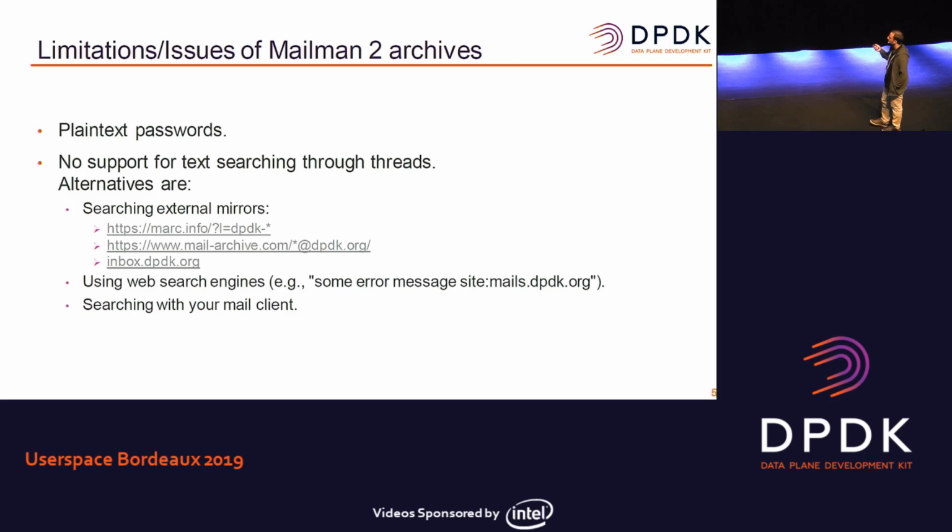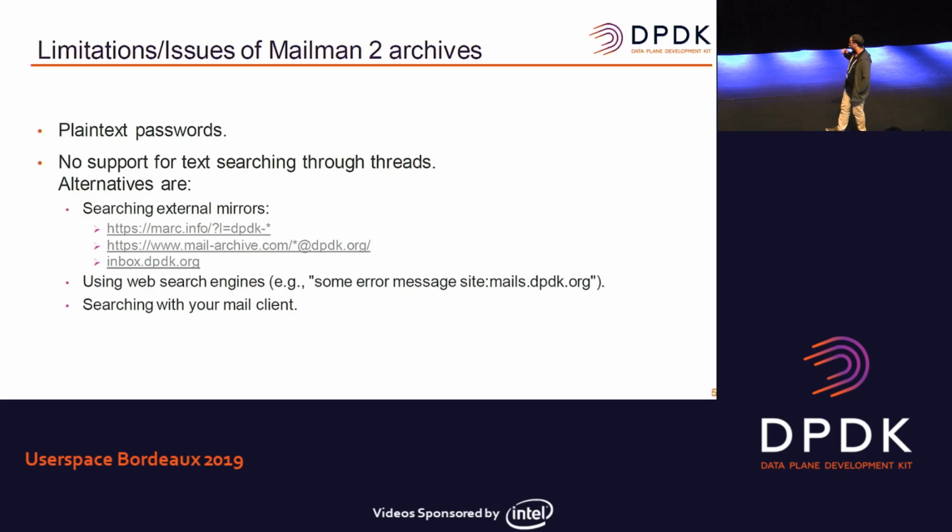I know that marc.info has mirrors for some of our archives. Mail-archive.com also has some of them, but not all of our archives are mirrored on these websites. There's also inbox.dpdk.org, which I will talk about shortly.